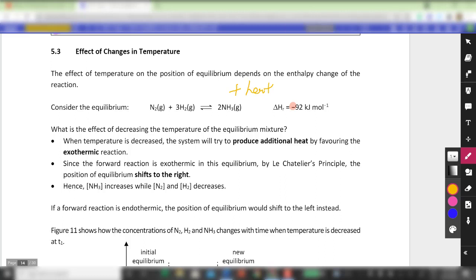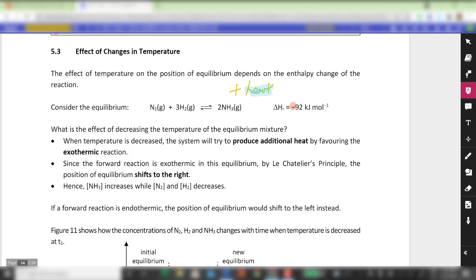So in a very loose sense, if you treat heat as some form of a reactant or product, then I think it's easier for you to explain changes in temperature.